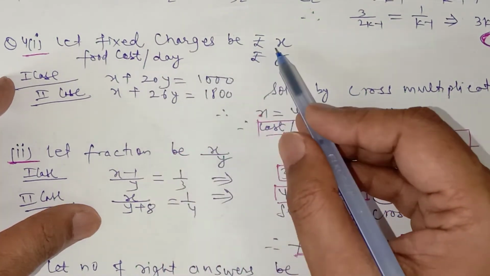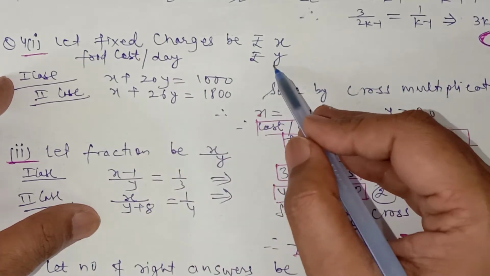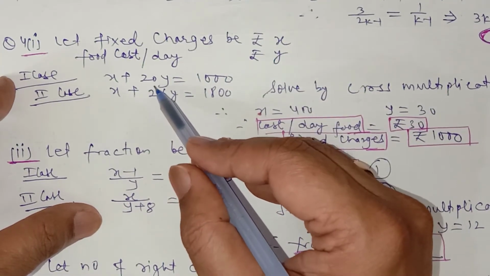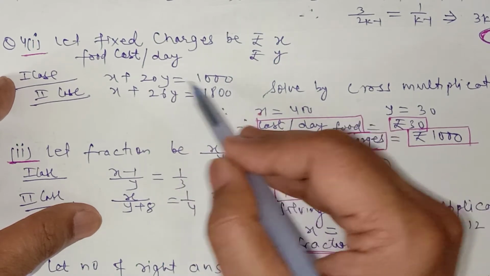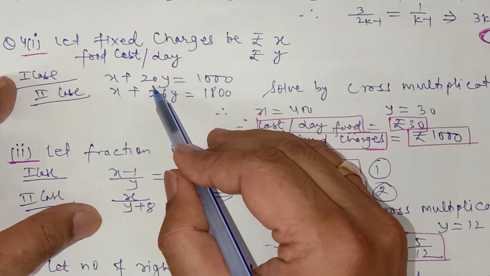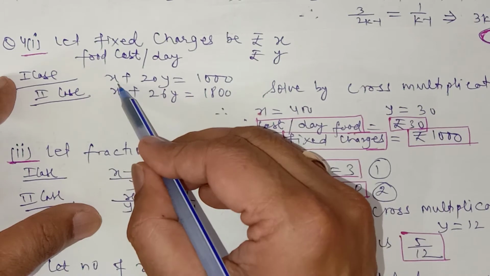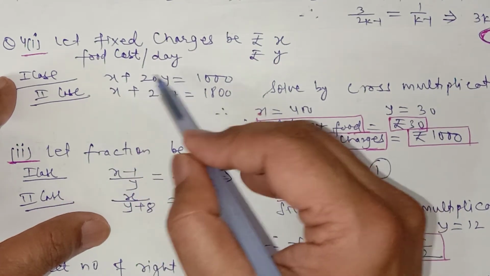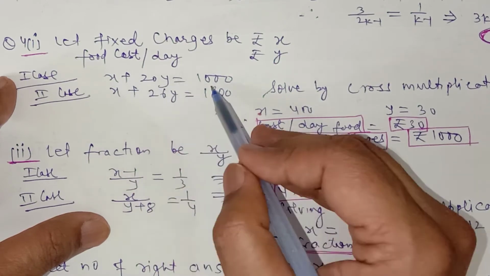So let the fixed charges be rupees X and the cost of the food per day be rupees Y. A person gave rupees 1000 for taking meals for 20 days. So it means there is a fixed charge of X rupees and 20Y will be the charge of the food. The total amount he has to pay is 1000.